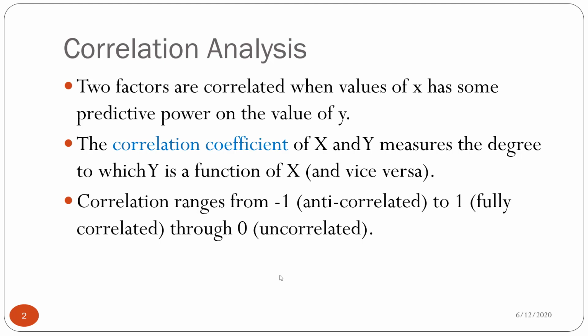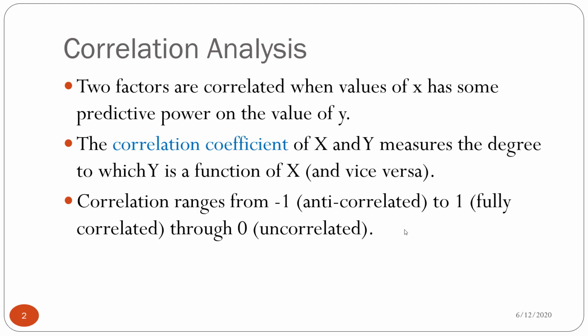So let's look at the first correlation coefficient, which is very popular. It's called Pearson's correlation coefficient. But before that, let's think about the different kinds of values that these coefficients can have. The correlation coefficient of X and Y measures the degree to which Y is a function of X. It conveys the same information, which is about how much information you can extract about Y from X, and vice versa.